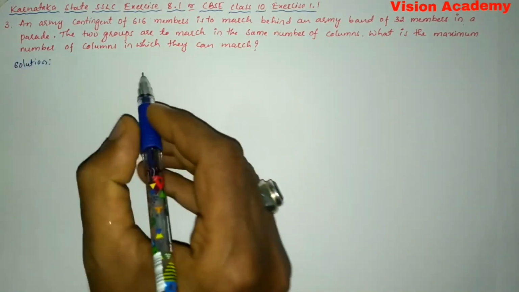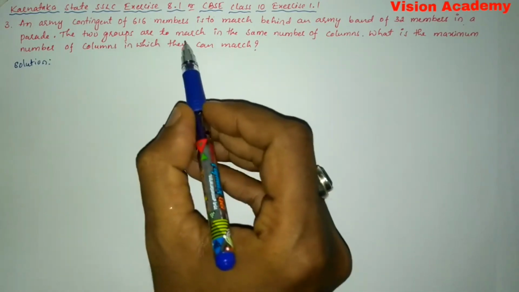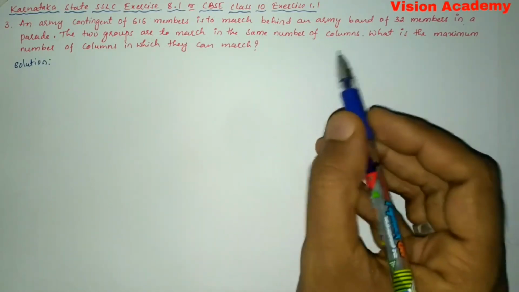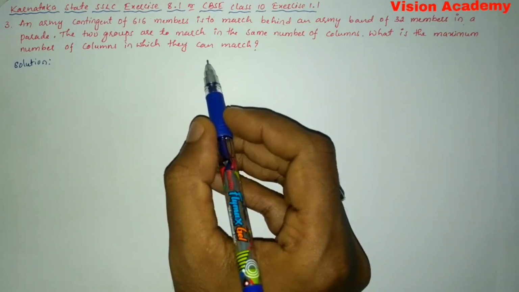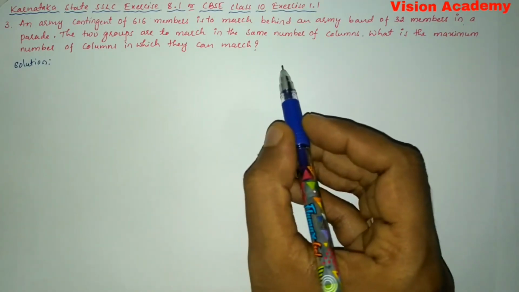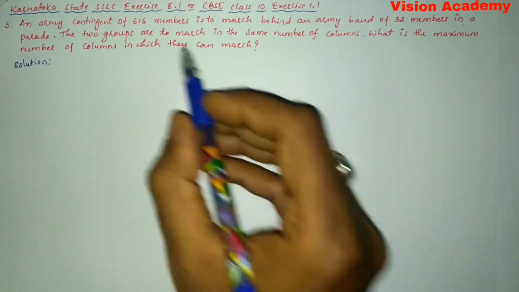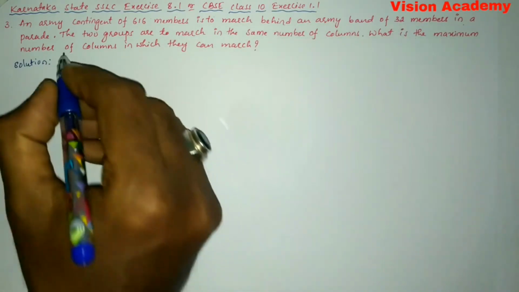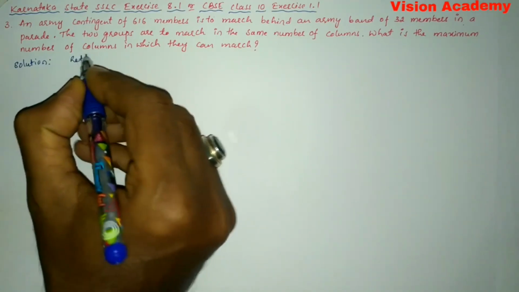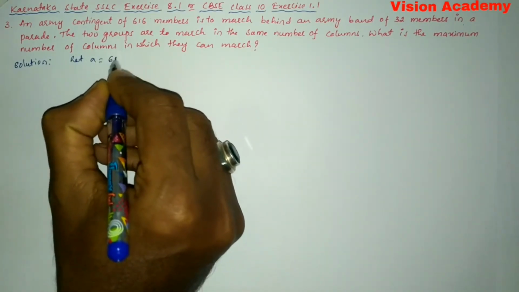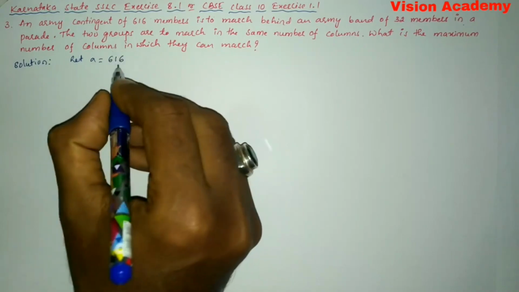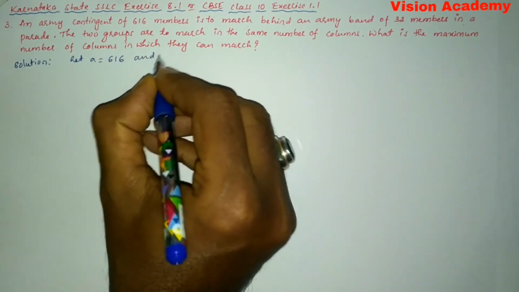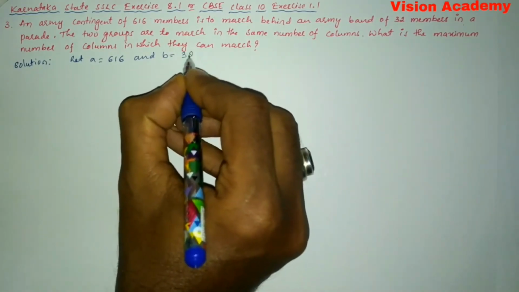Here in the question they have given that the two groups are to march in the same number of columns. So to find the same number of columns or rows, we have to find the HCF of 616 and 32. So let A be equal to 616, because 616 is greater than 32, and B is equal to 32.